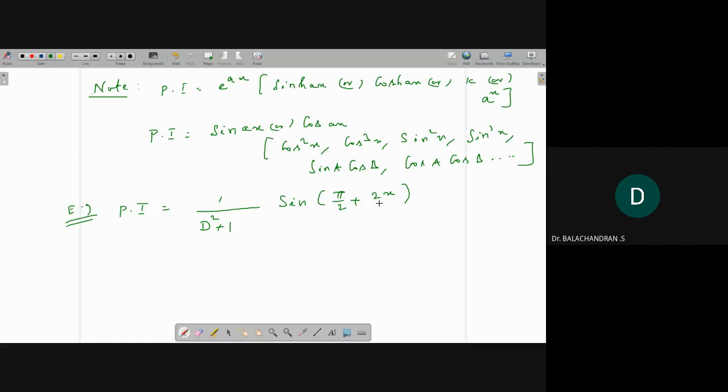You can also do it like this, but sine pi by 2 is constant, cos pi by 2 is constant, so it is sine 2x. There is no need to expand, because the final answer is the same. So it is enough to replace D square by minus a square. A is here 2, so minus 2 square. You can check later, even if you expand it, you get the same answer.